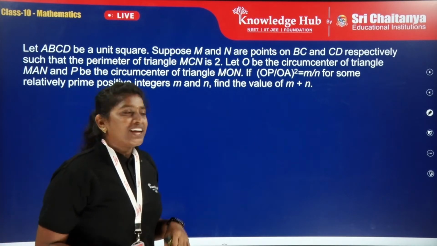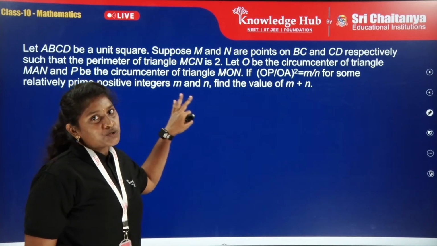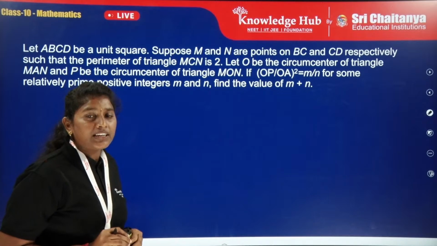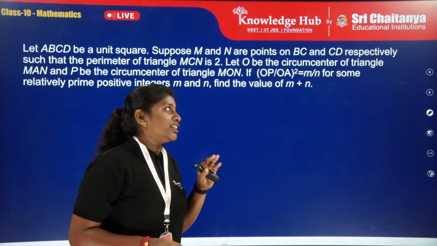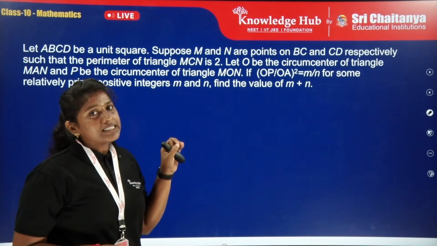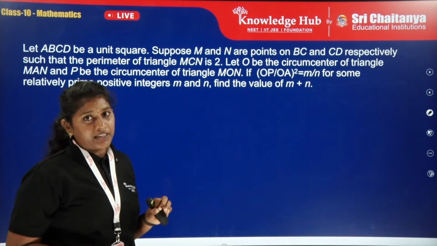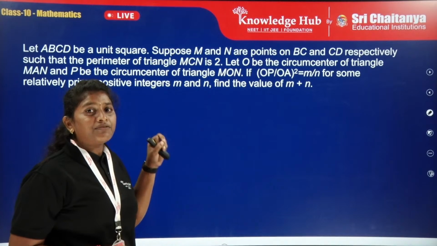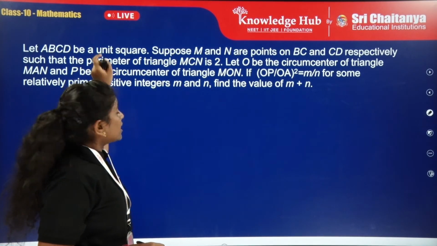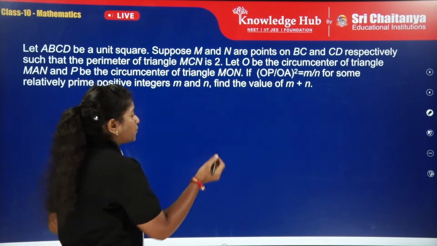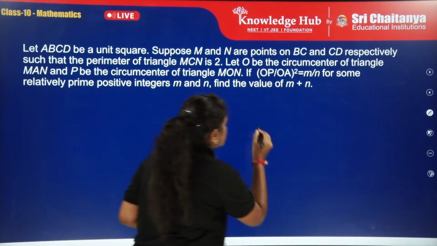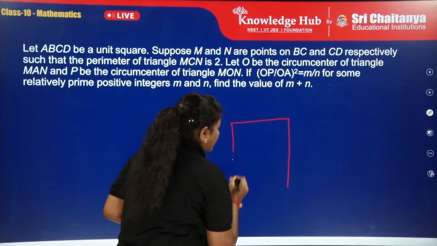But don't worry. The simplest method to solve these types of questions is to first represent whatever information is given in the question in the form of a diagram. To do that, we have to read the question once again. Here ABCD is a unit square, so you can take a unit square.